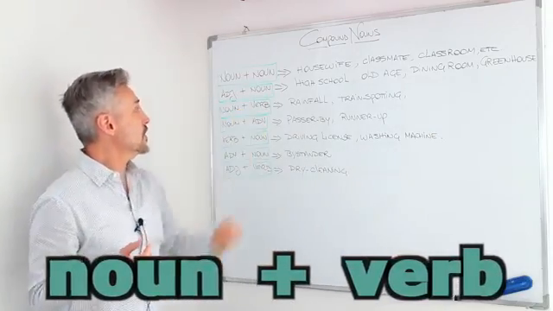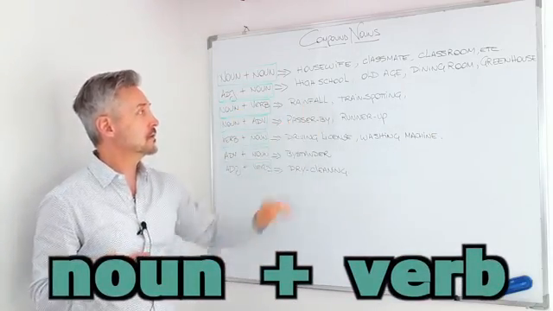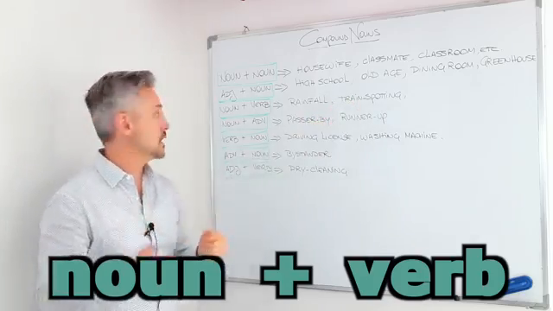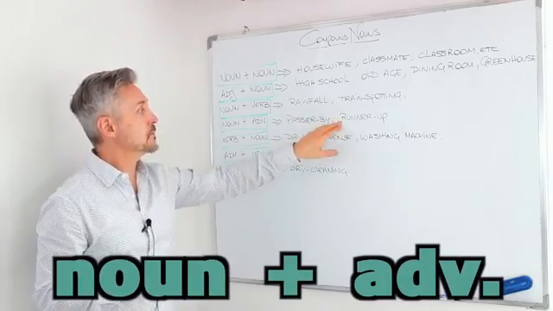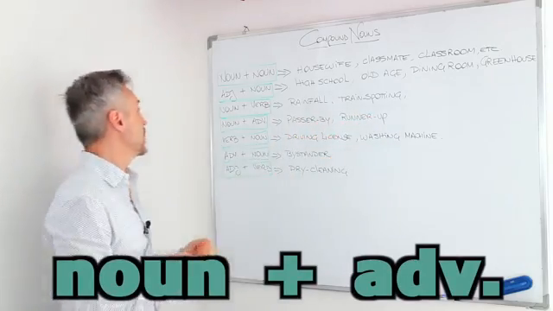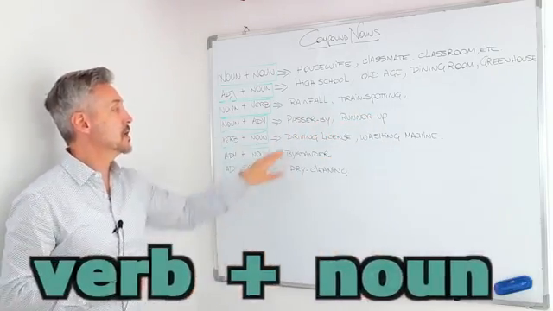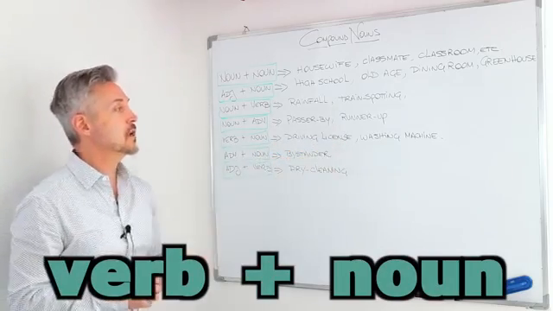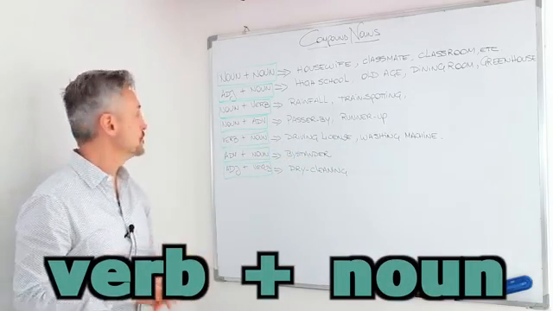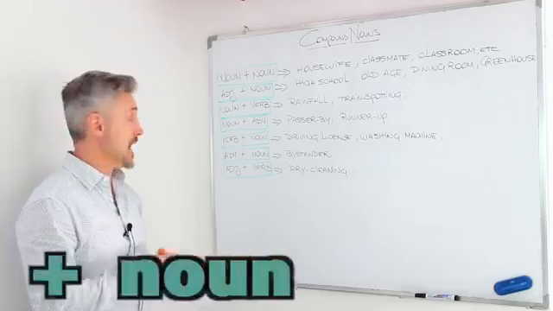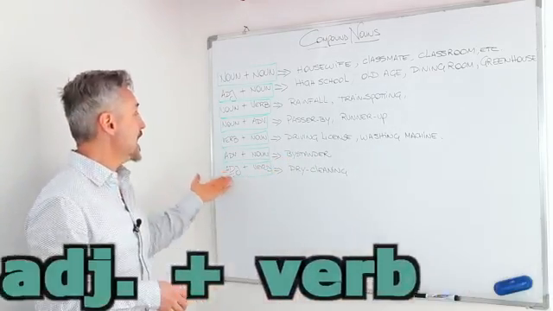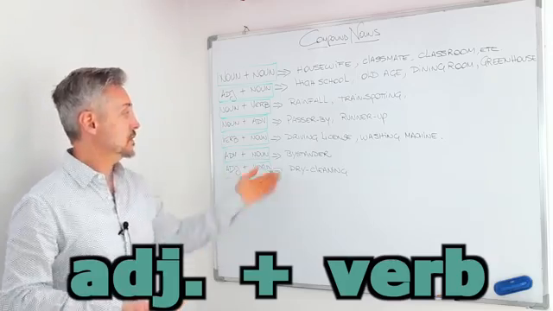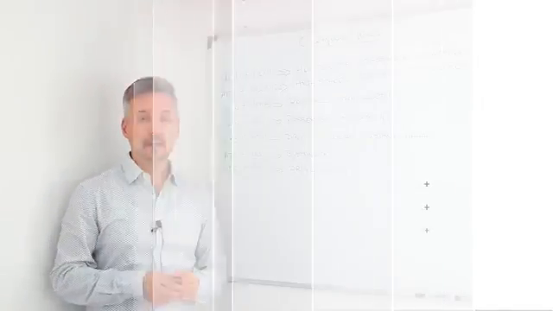Or noun plus verb, rainfall, train spotting, etc. Noun plus adverb, passerby, runner-up. Or verb plus noun, driving license, washing machine. Adverb plus noun, bystander, for example. And adjective plus verb, dry cleaning.